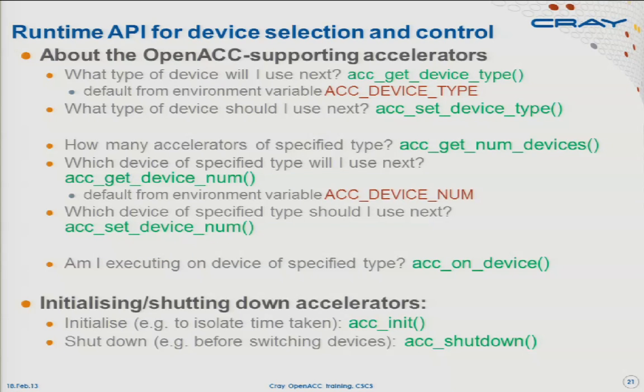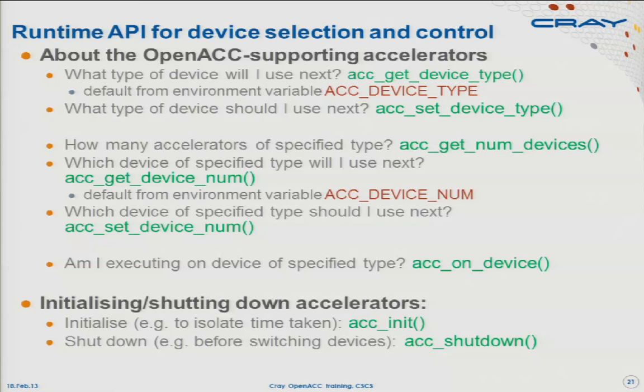So there's a lot of things about what sort of devices do I have, how many of these different sorts of devices do I have, and which device will I use next. And I better get that device ready to use, or I can shut down that device because I don't want to use it anymore. This is kind of, you've got some sort of cluster where you've tacked on a number of different GPUs of different types onto your system, and you're going to try and manage to use OpenACC running on all of these different ones.